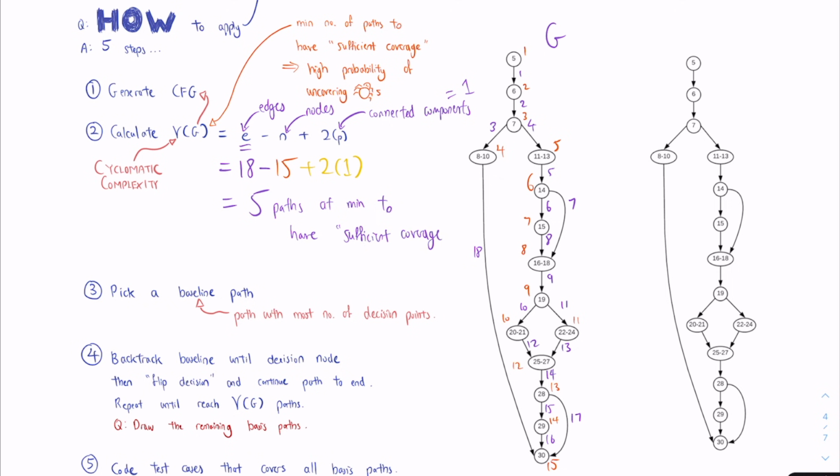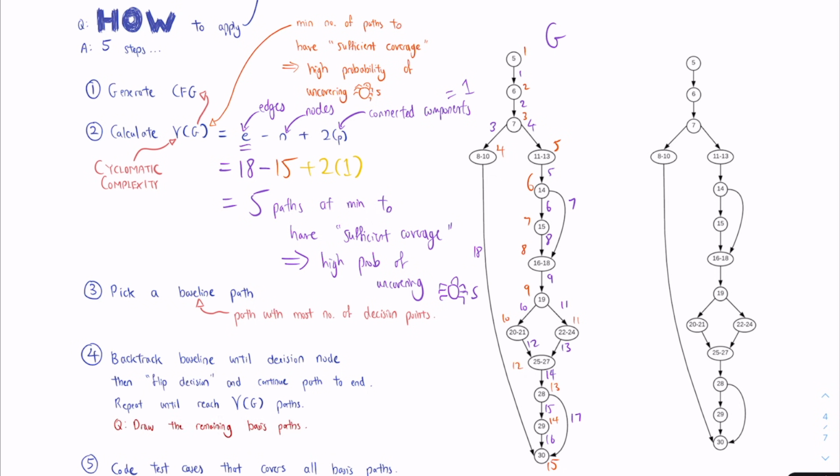Again, we will not go into the details of the theories that back this statement up, but generally you can treat this as having a high probability of uncovering the bugs that we so hate. All right, bugs.